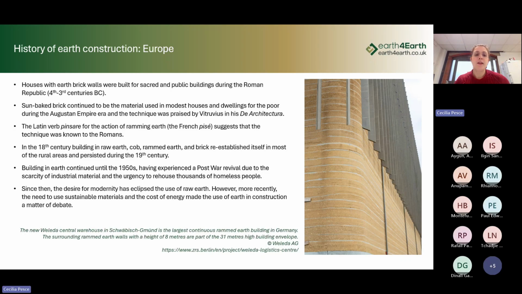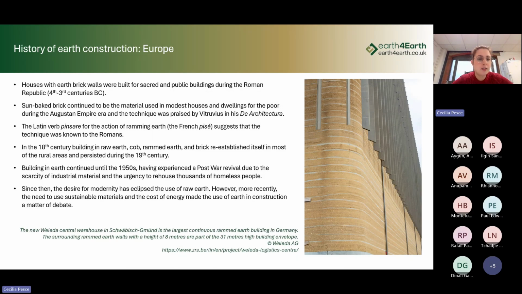But despite this, the technique of building in raw earth was actually praised by Vitruvius in his book. And we know that this technique was known to the Romans and used, but for more modest buildings rather than high state palaces.